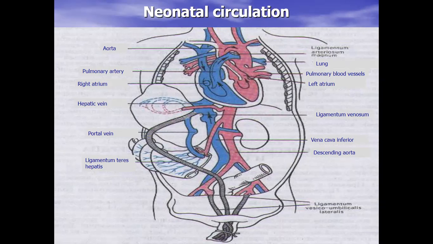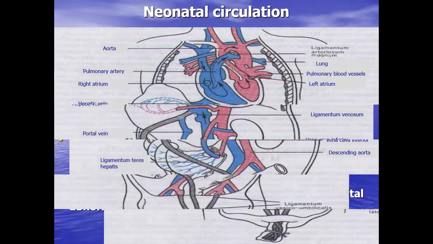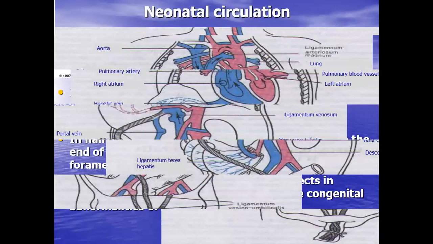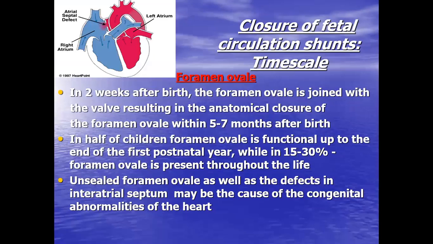So the flow of blood from the right atrium to the left one terminates, and within 2 weeks after birth, the foramen ovale is joined with the valve, resulting in the anatomical closure of the foramen within the 5th to 7th month after birth.